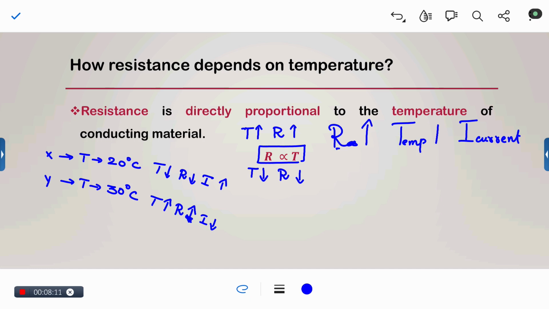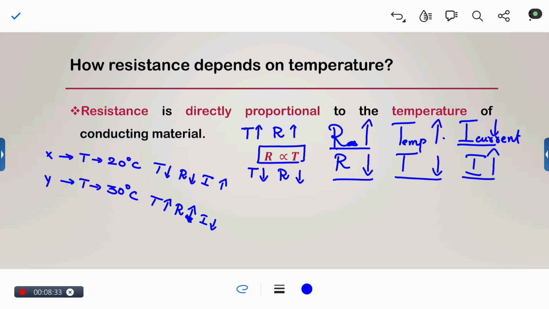Increase, increase, decrease. Decrease, decrease, increase. That means if temperature increases, resistance increases, current flow decreases. If temperature decreases, resistance decreases, current flow will increase.